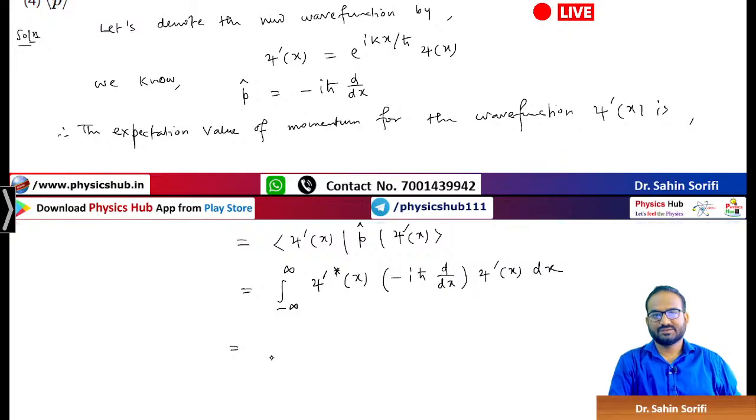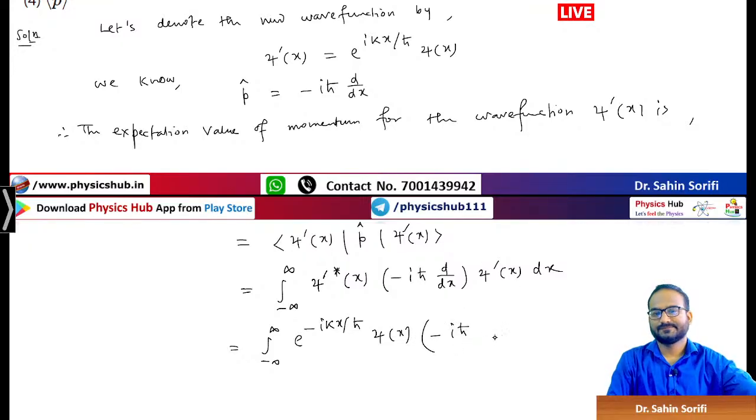Now let's substitute. Psi prime star means e to the power minus i k x by h cut psi star of x, times minus i h cut d/dx of psi prime.